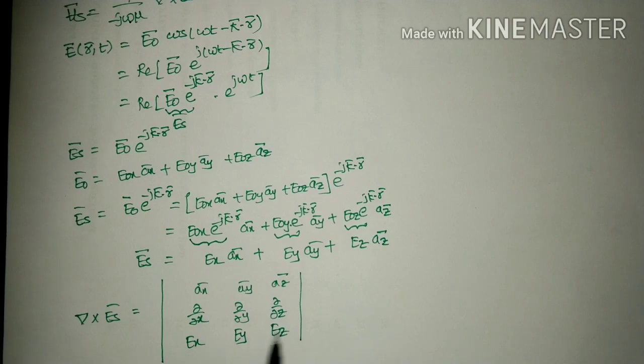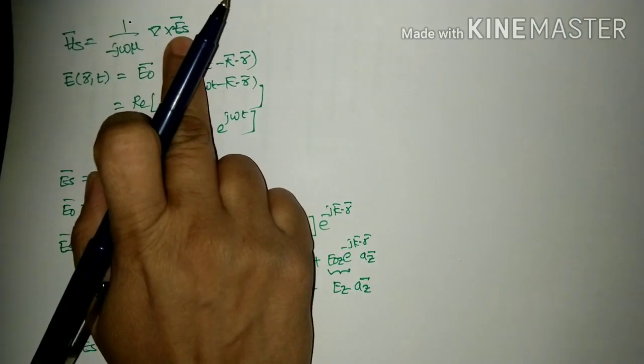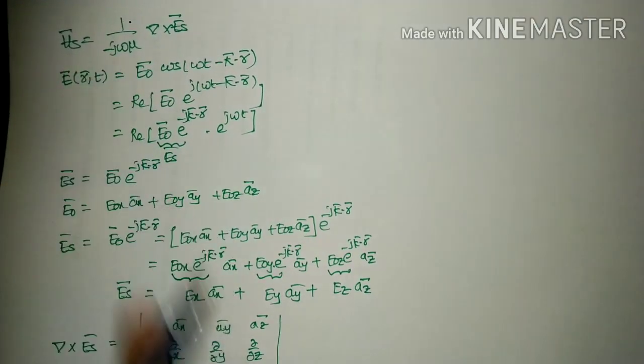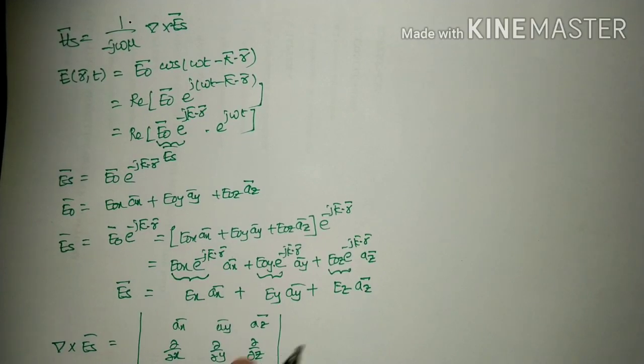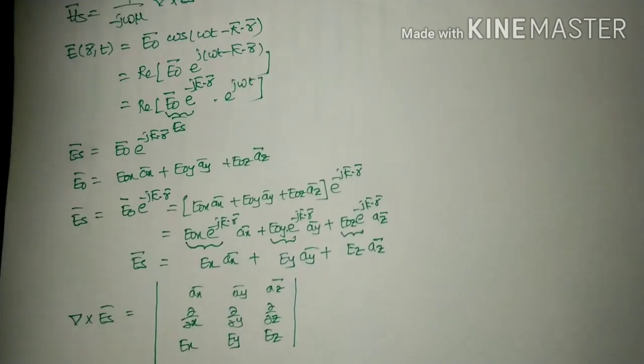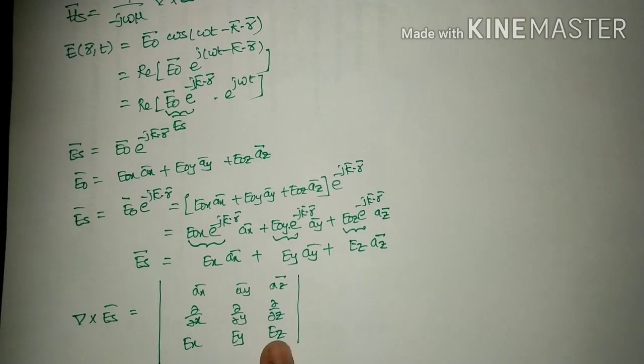Now we have to find the determinant of this and substitute in this expression. We will get the phasor form of the magnetic field. So now our objective is to determine this. Let us consider the x component. The x component is equal to dou by dou y of Ez minus dou by dou z of Ey.